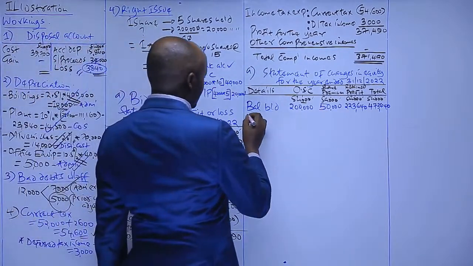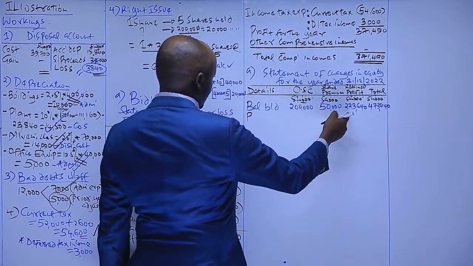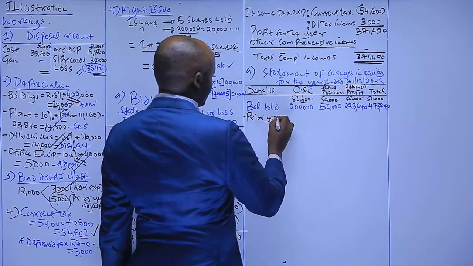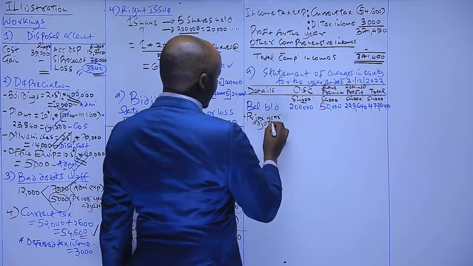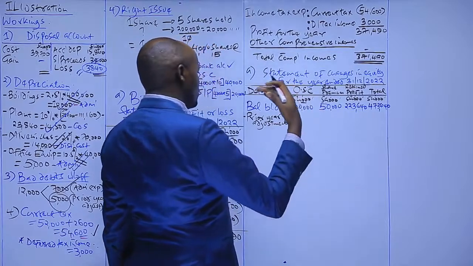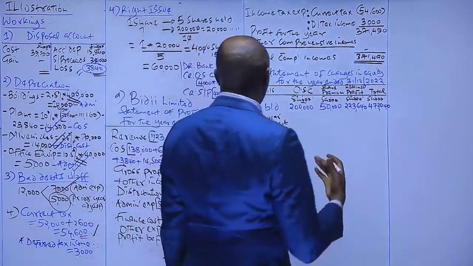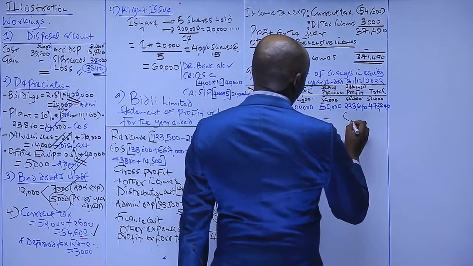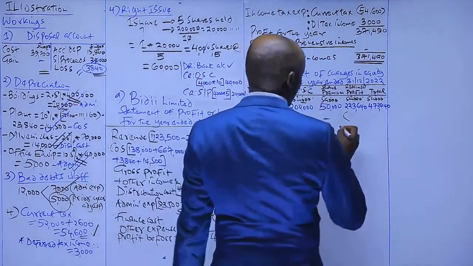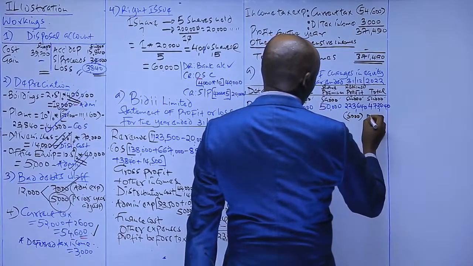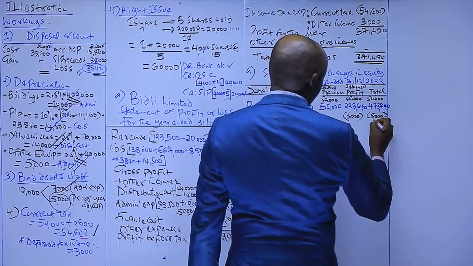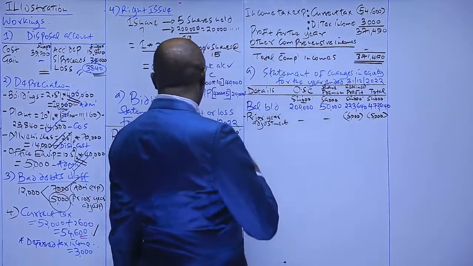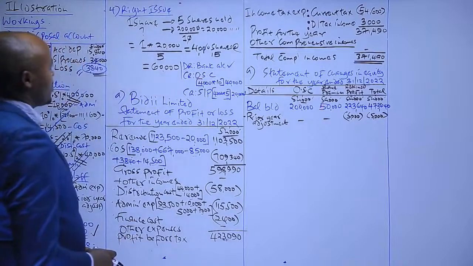These are adjustments which were supposed to be taken into account in the previous years, but they were not. This amount of bad debts was supposed to be written off in the previous year but was not, so we deduct it from the opening retained profit. And then from there, we take into account the transactions which occurred during the current year.